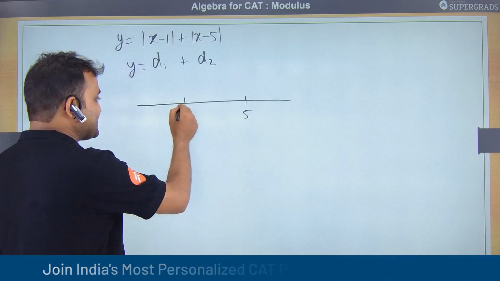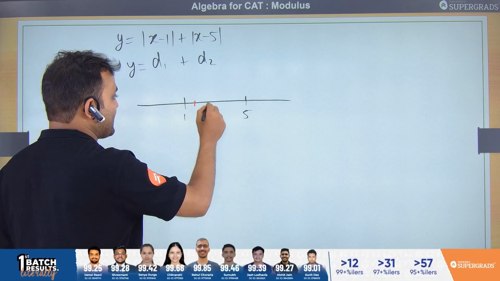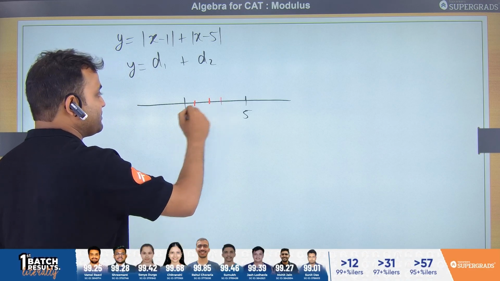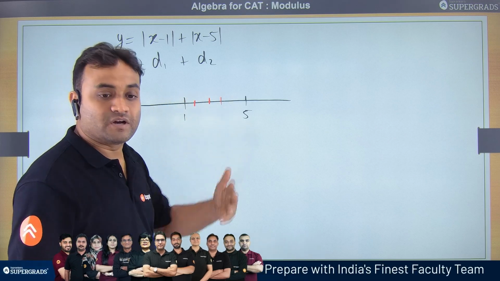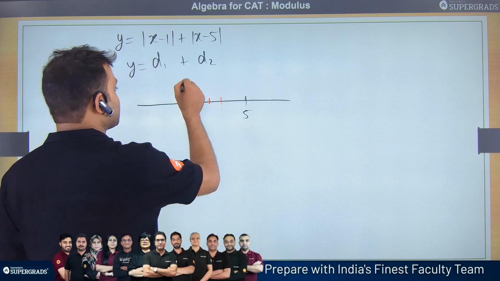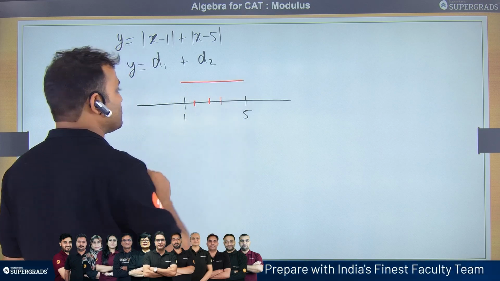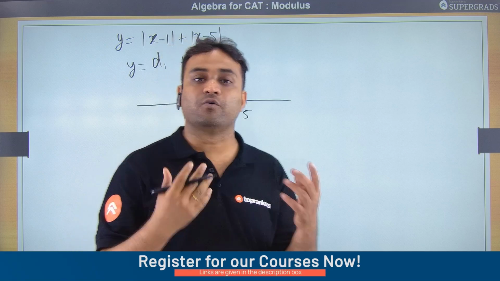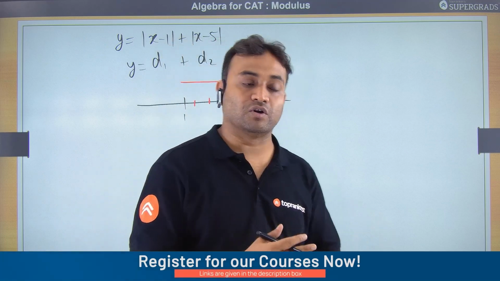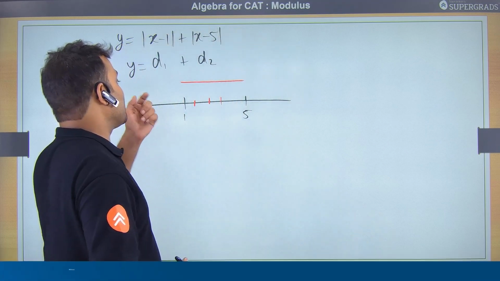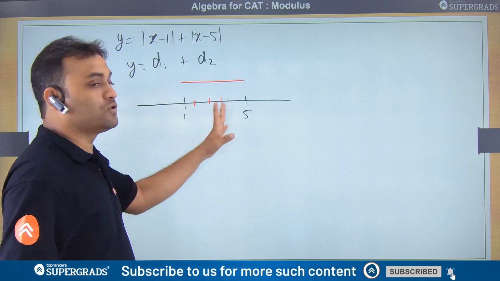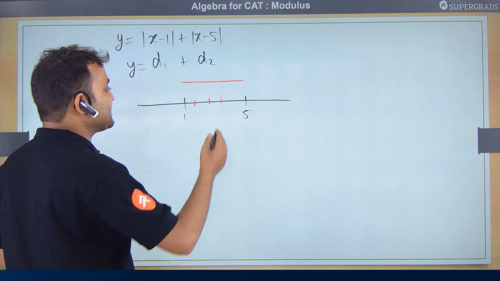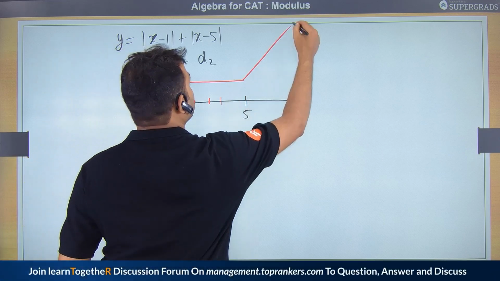So if you take any value of x anywhere between 1 and 5, this distance plus this distance will become 4. So all the values of x between 1 to 5 will give an outcome of 4, or y will be equal to 4 when you take x equal to any value from 1 to 5. But as soon as we increase the value beyond 5, the value of y will increase.